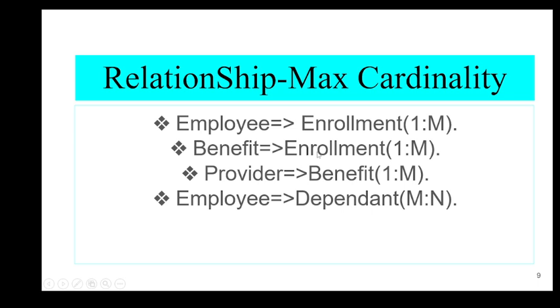Benefit and enrollment: here we have a one-to-many relationship, which means you can have one benefit under multiple enrollments. Provider and benefit entities: here we have a one-to-many relationship, which means one provider can have multiple benefits.